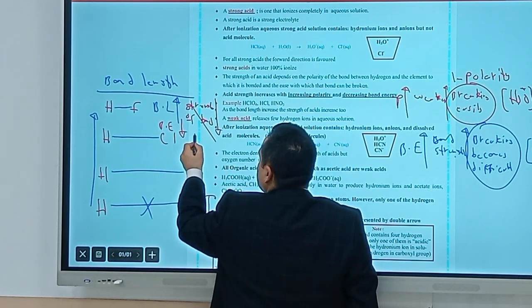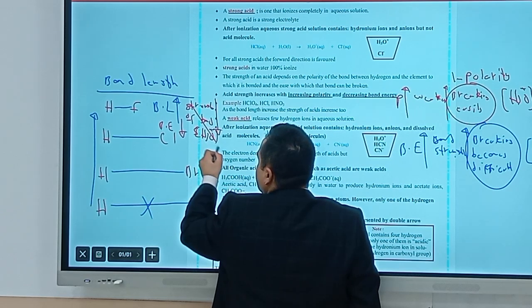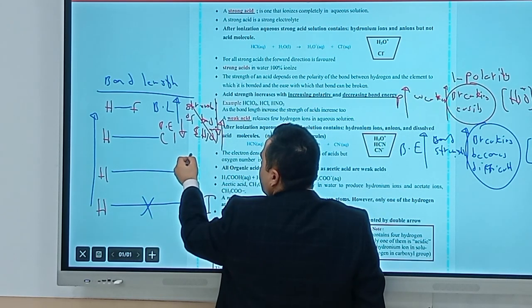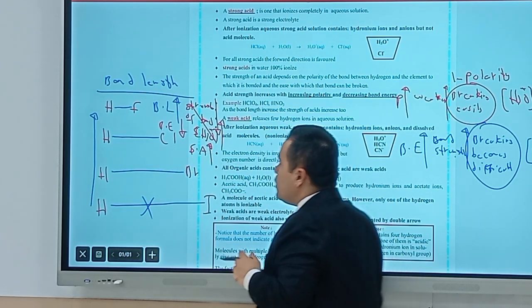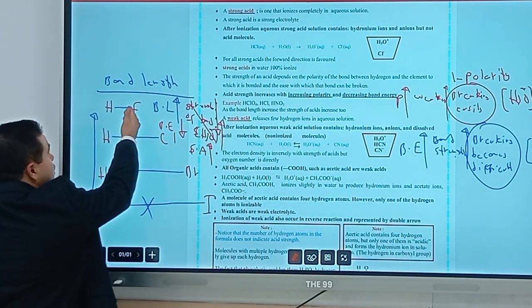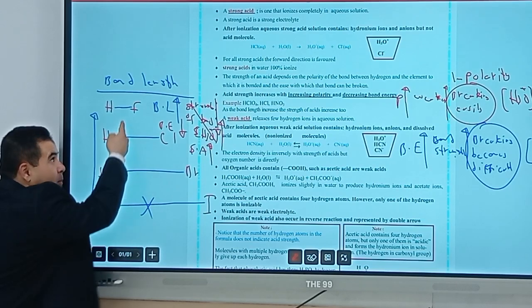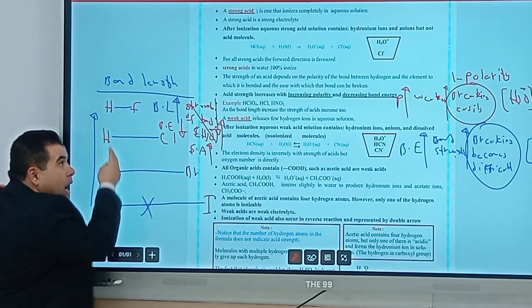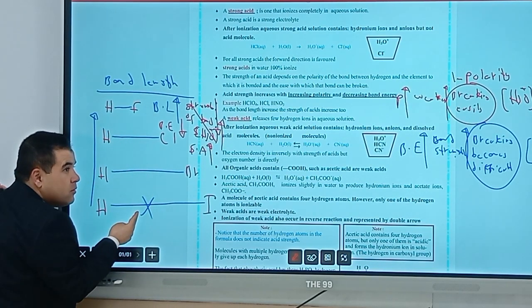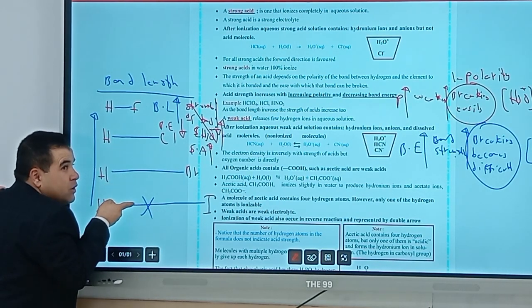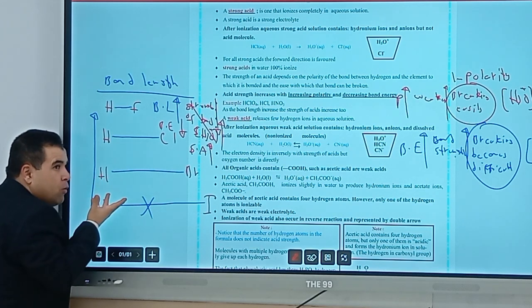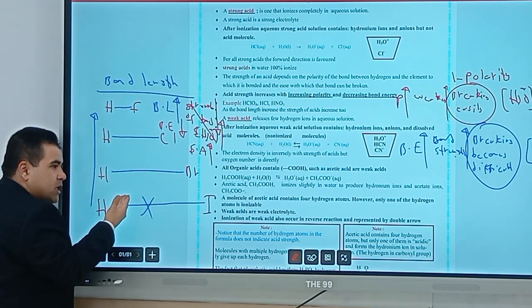And as bond energy reduces, the concentration of hydronium in the solution increases, and then the strength of the acid increases. So from HF toward HI, the bond length increases, and the bond becomes weaker, its strength reduces, and the bond energy reduces as well.